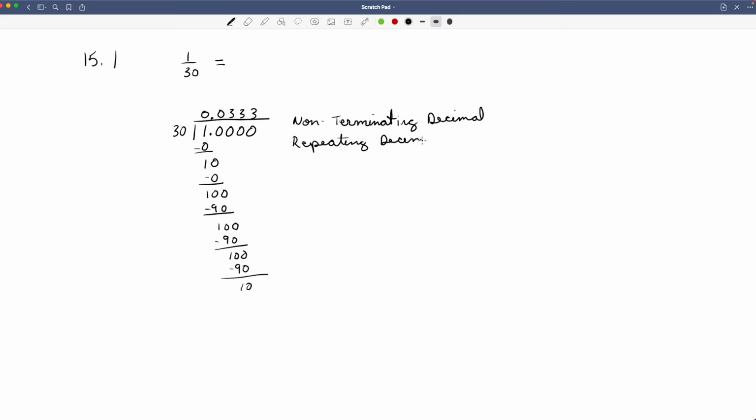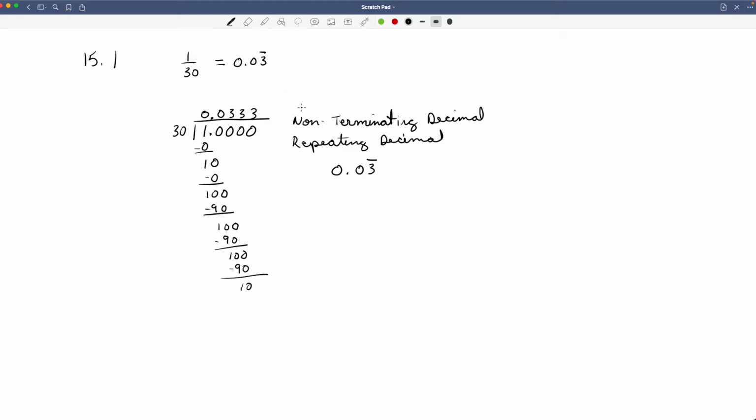And the way we show a repeating decimal is to put a line over the top of the digit that repeats. So in this case, we would write this as 0.03 with a line over the 3 to show that the 3 is what is going to continually repeat into eternity. So that would be our answer, 0.03.